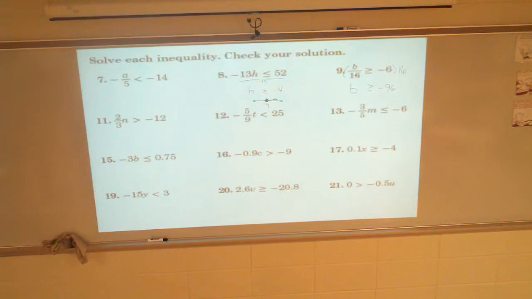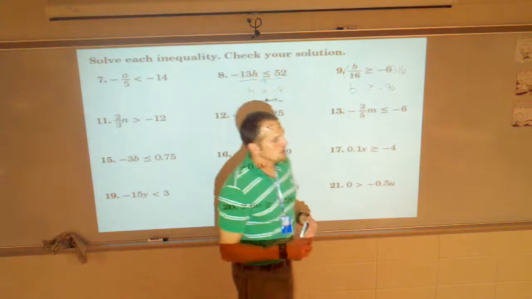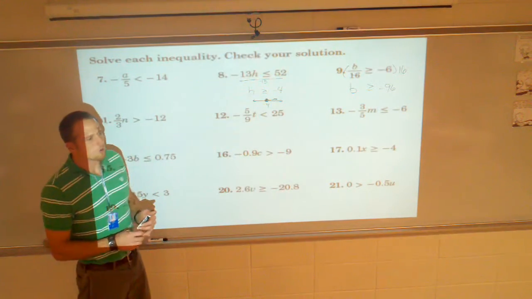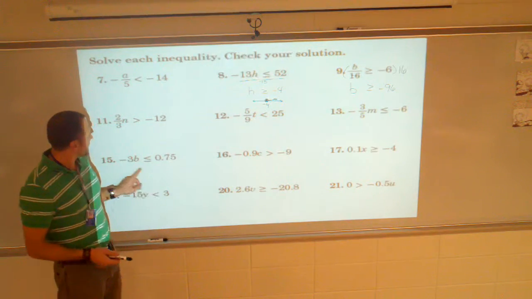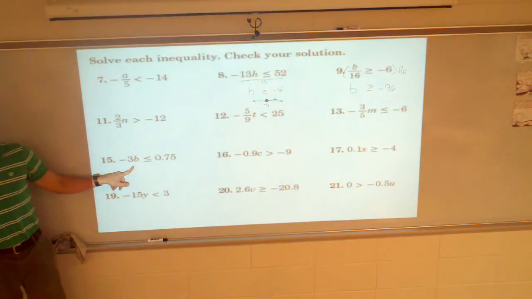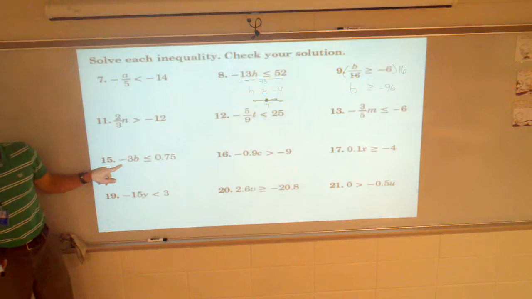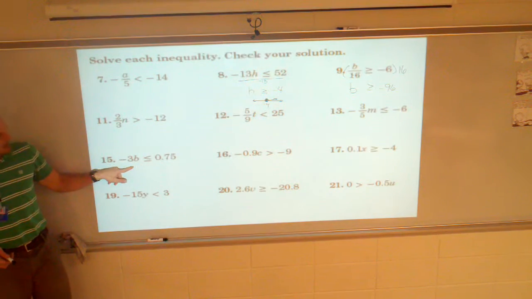F if I will flip it, S if I will keep it the same. So, what is it? I saw a bunch of people just say F or S. Tiffany, will I flip this or keep it the same? I will flip it because I have to divide by negative 3.